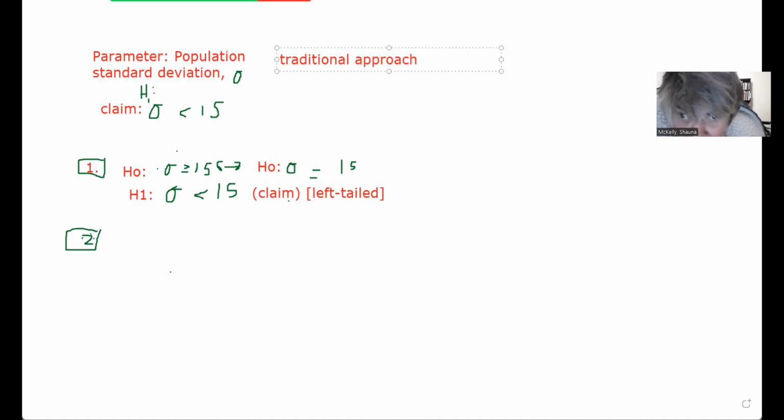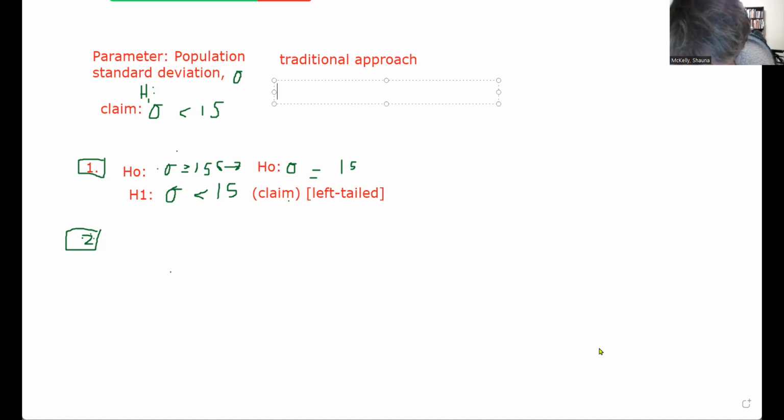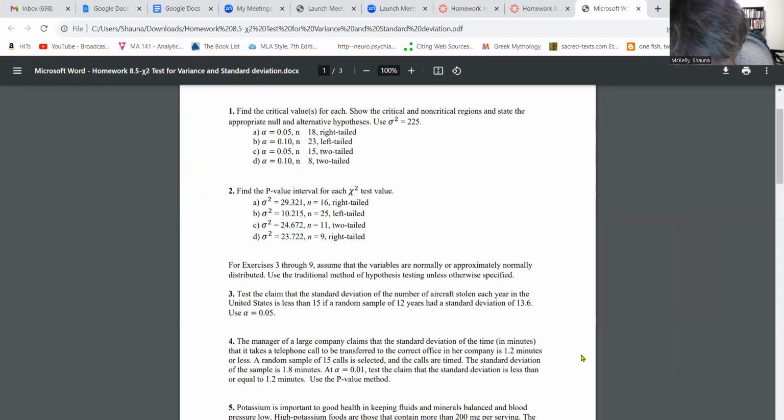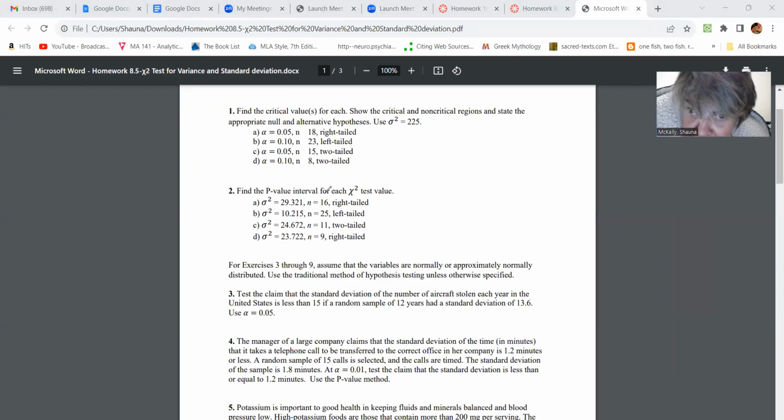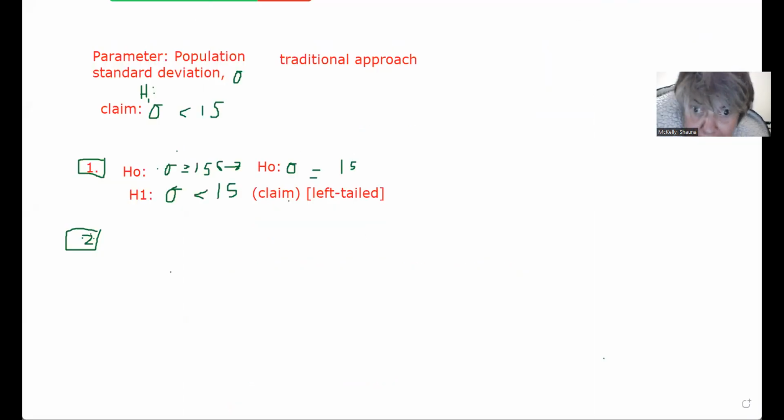And I know a few things. Obviously I know sigma is 15. Let me go back to the problem and grab the information I have. So it says alpha is 0.05, random sample of 12 years, had a standard deviation of 13.6. So here I have n.